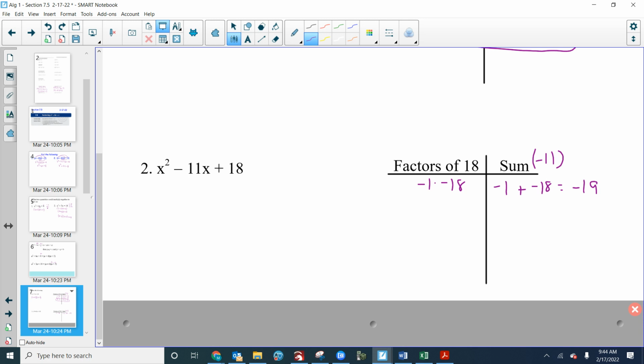Nope. Okay, what do we got? 18, so negative 2 times what? Negative 9. Come on, guys. Let's start participating. It's the same 3 people saying stuff out. Dorian, what's negative 2 plus negative 9?